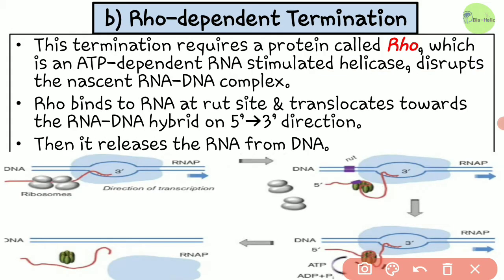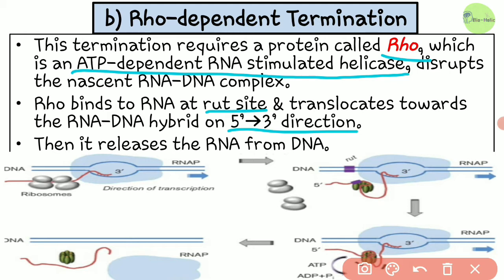Secondly, Rho dependent termination requires a protein called Rho, which is an ATP dependent, RNA stimulated helicase, which disrupts the nascent RNA-DNA complex. Rho binds to RNA at the rut site and translocates toward the RNA-DNA hybrid in the 5' to 3' direction, and then it releases the RNA from DNA.